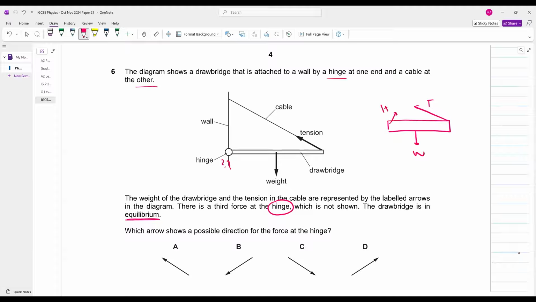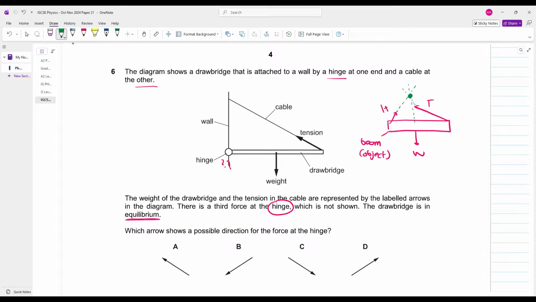Whenever an object or a beam is in equilibrium, if you extend all the forces, they will meet at a single point.